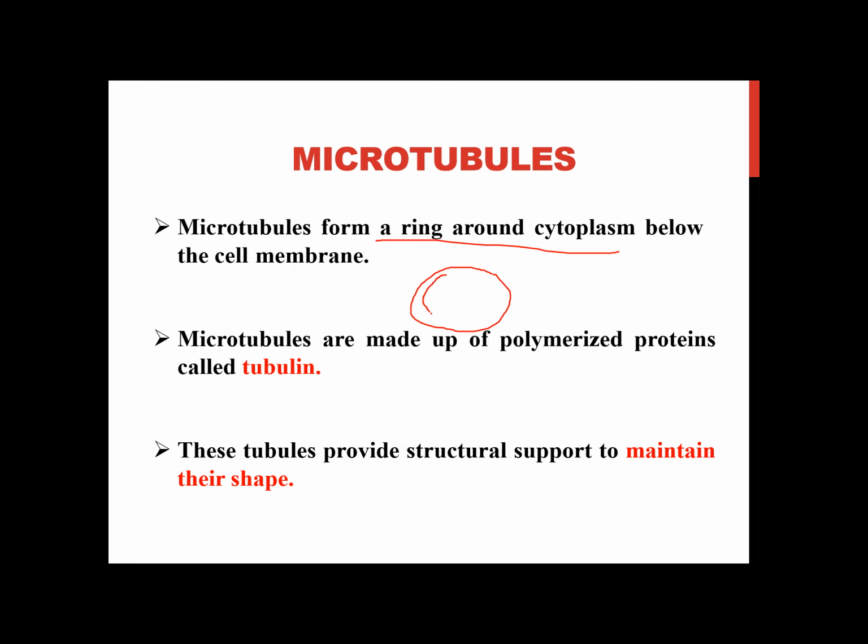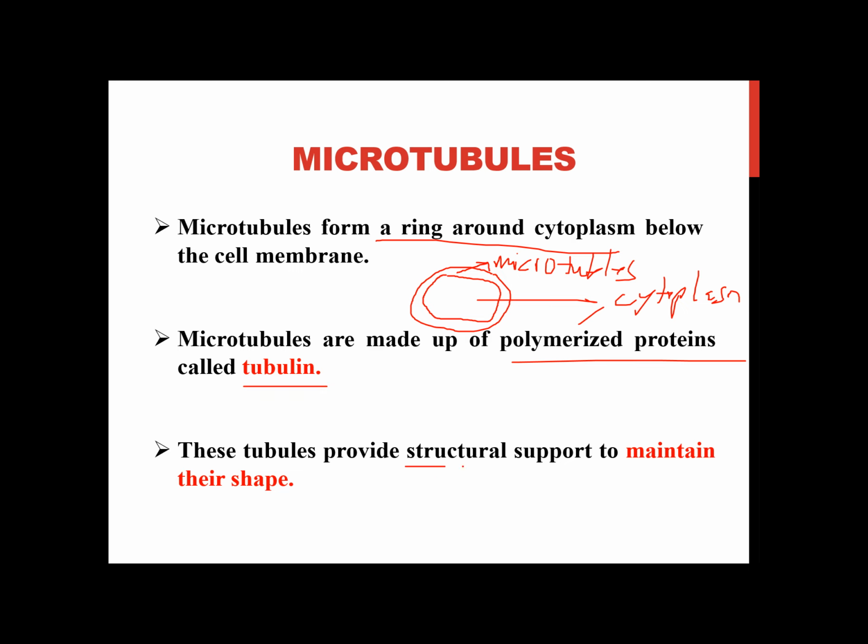Merong middle layer dyan. Yung middle layer na yan, class, ito, this is your microtubules. They would surround the cytoplasm. Now, microtubules are made up of polymerized proteins known as tubulin.